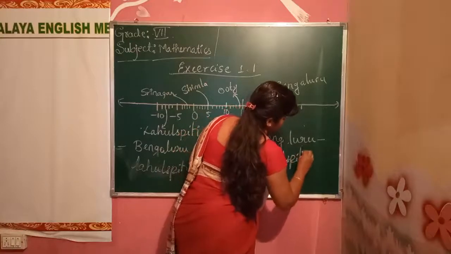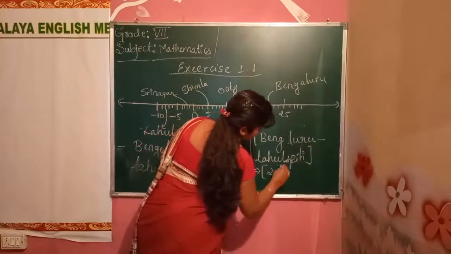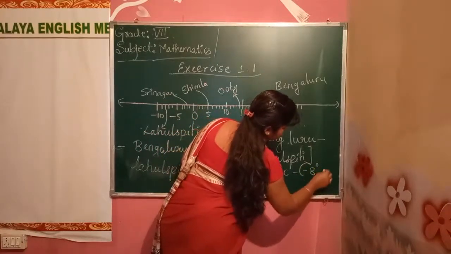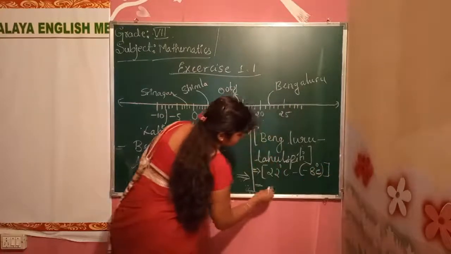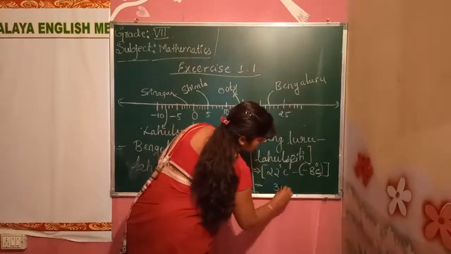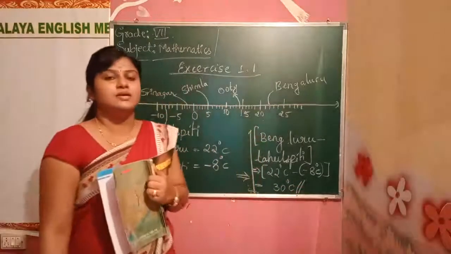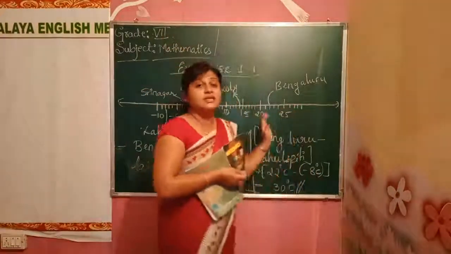So 22 degrees Celsius minus of minus 8 degrees Celsius. How much we get the difference? 30 degree Celsius. Difference 30 degrees Celsius. We are asking the difference.